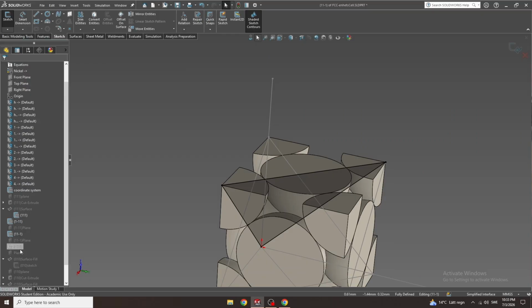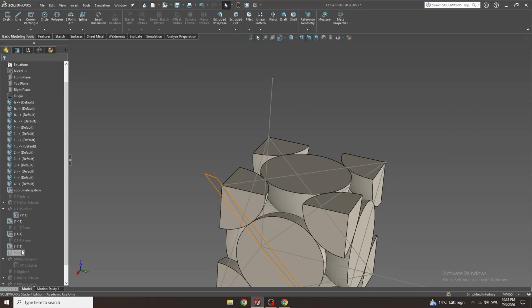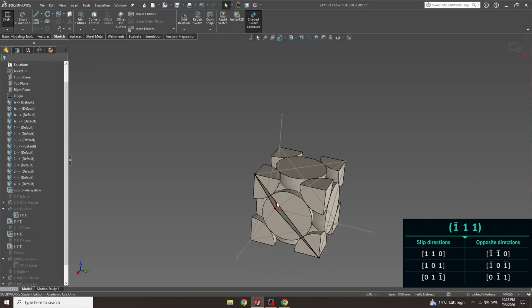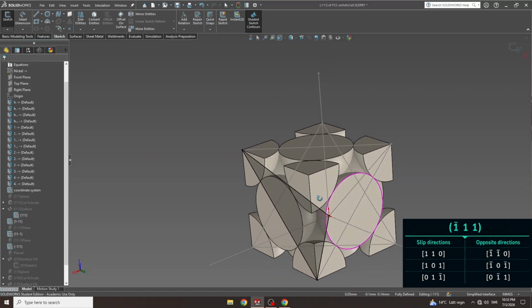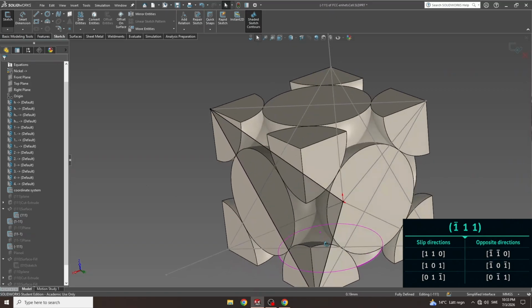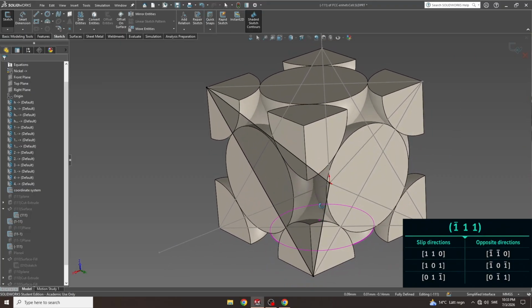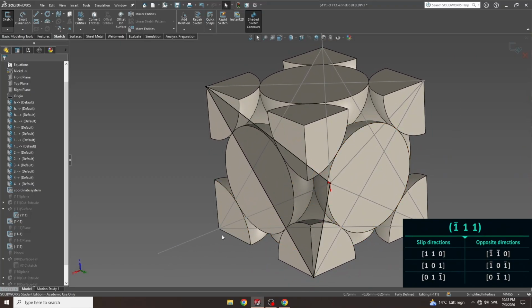Let's move to the next and the last plane, the fourth plane. You see here, it goes through the origin, so move the origin here, x, y, and z. This hits x at minus 1, y at plus 1, and z at plus 1. So it's the minus 1, 1, 1 plane.